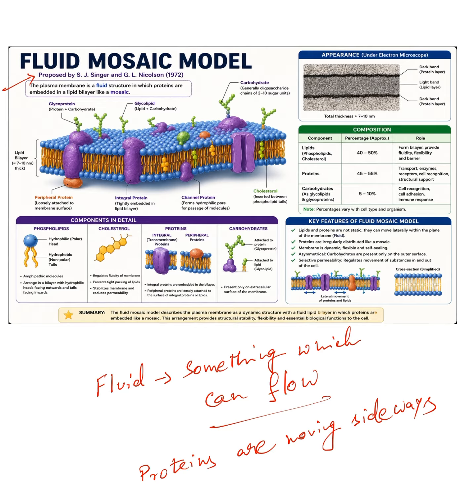So obviously we can say it's a fluid. Why mosaic? Because the proteins and lipids are alternately arranged. So that's why the name is the fluid mosaic model.